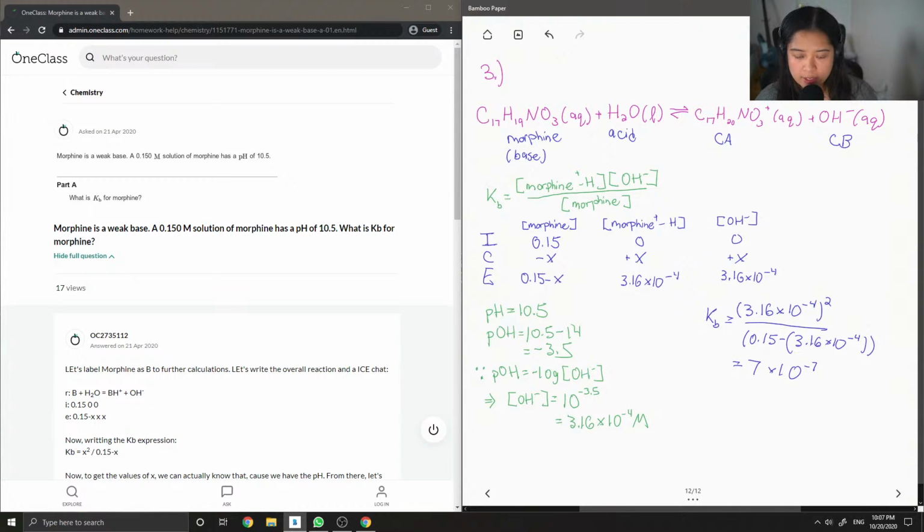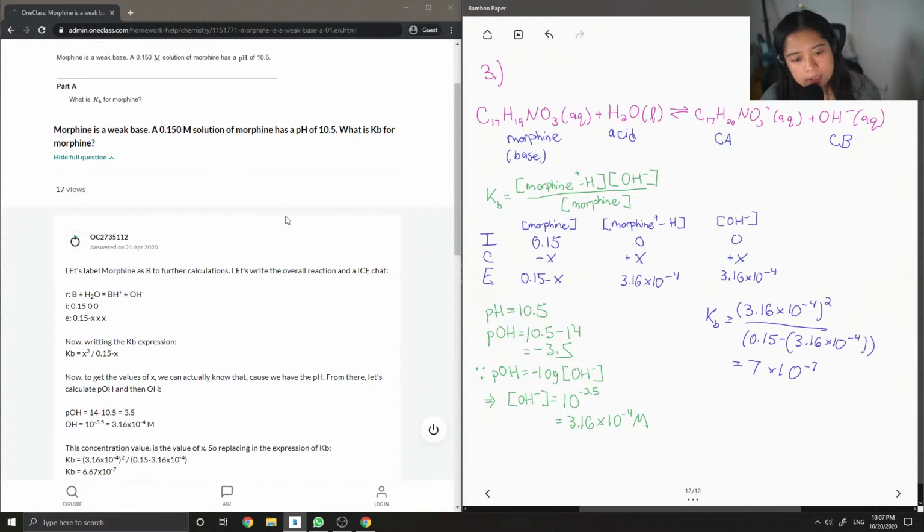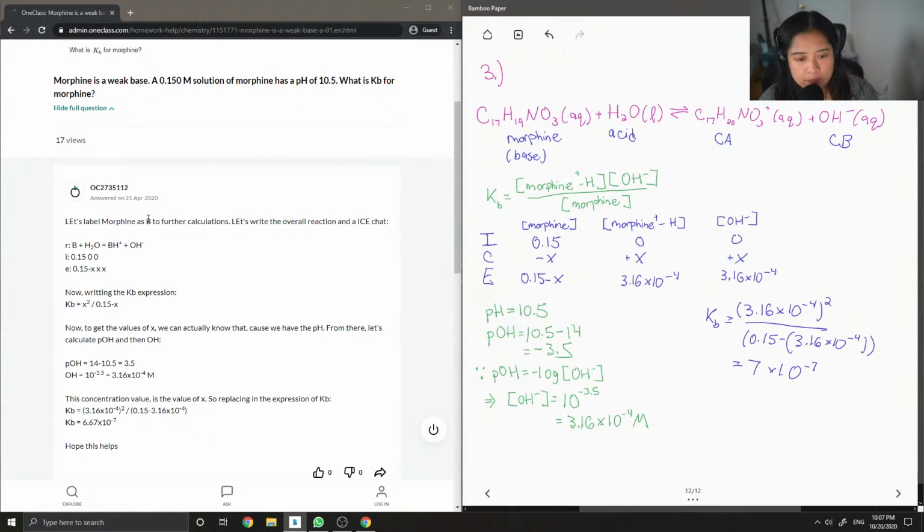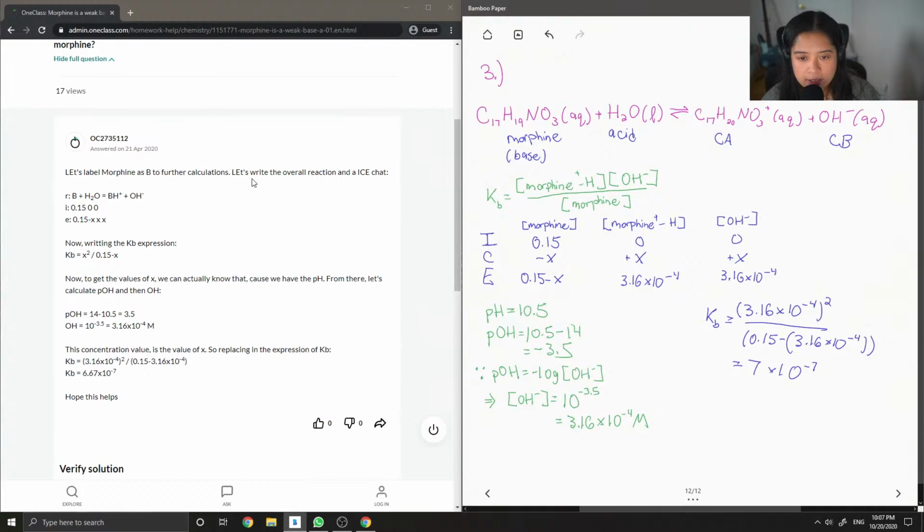So let's check out the answer from our junior tutor. Let's label morphine as B for further calculations. Let's write the overall reaction and an ice chart. Okay, so they did the same thing.